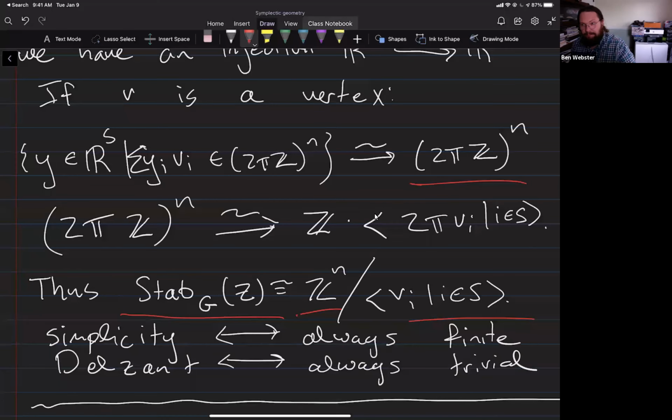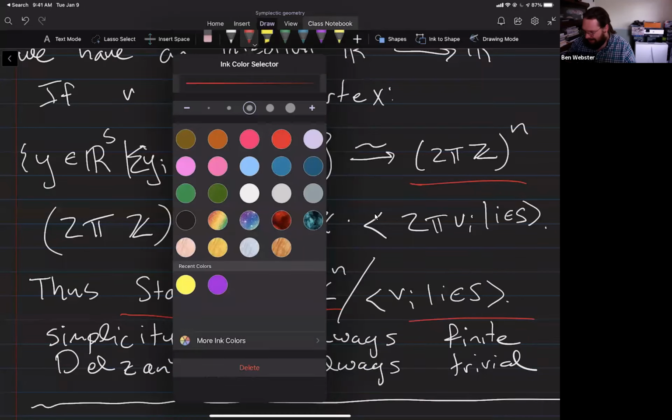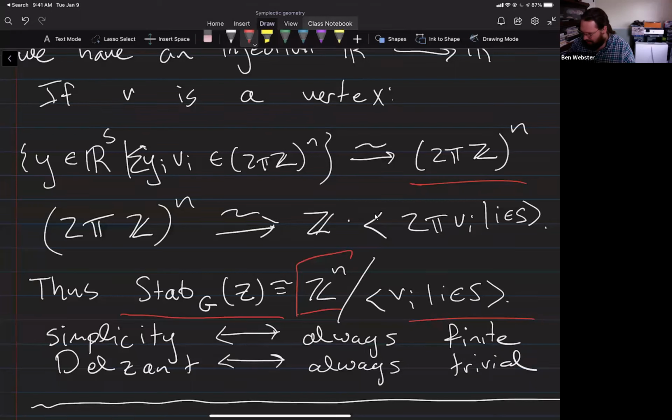So being simple means that this is finite, because the v_i have to span, they have to be an R basis, but they don't have to generate Z^n as a subgroup. They just have to be cofinite. There has to be a finite quotient. And the Delzant property is exactly that these two are equal.